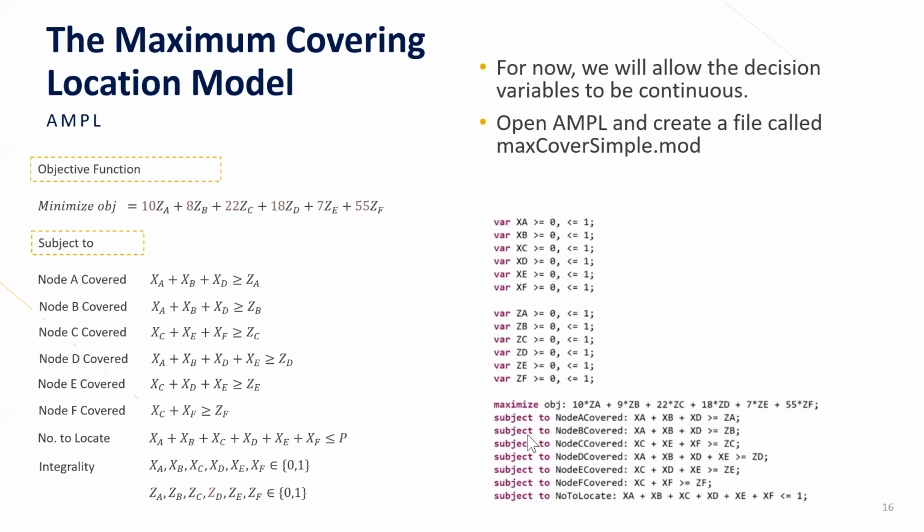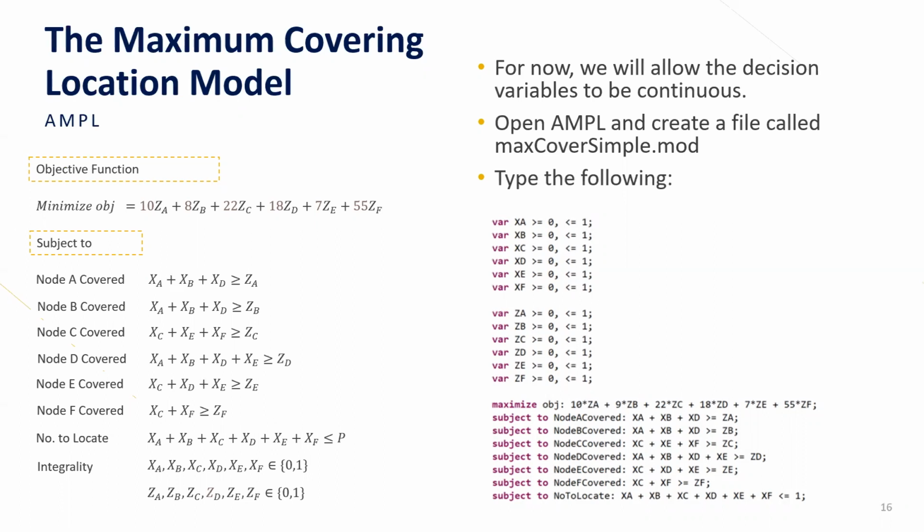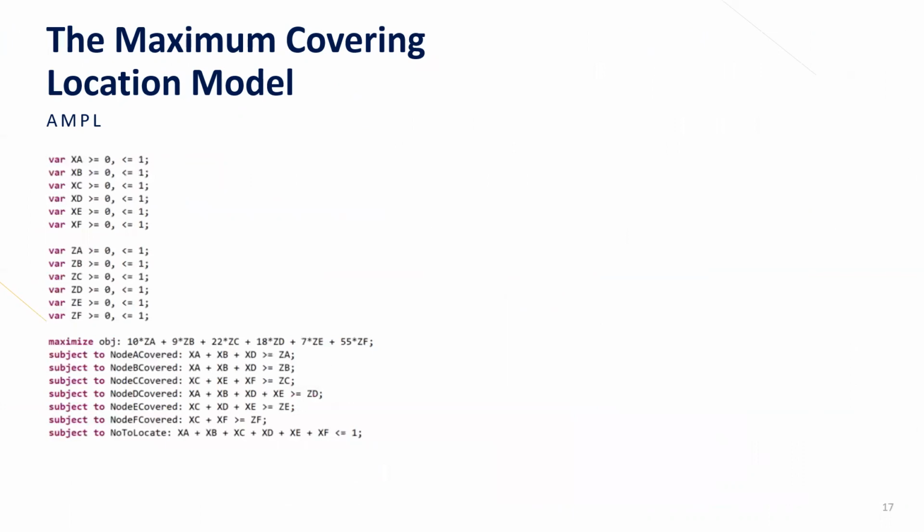And for the objective function, minimize OBJ, 10 ZA plus 22 ZC, we translate it into like this. Maybe I can utilize some pen tool. Okay.